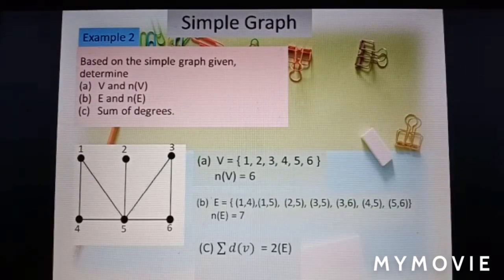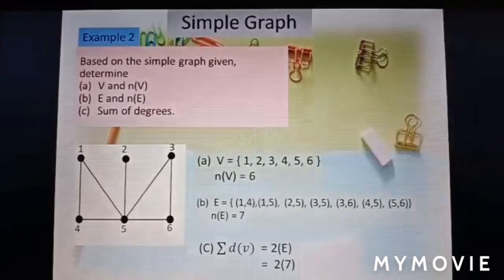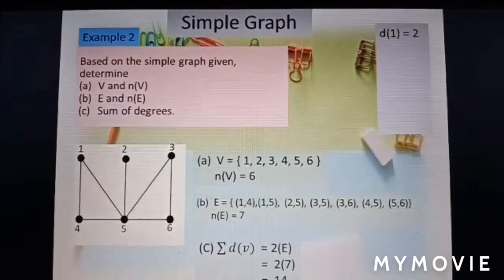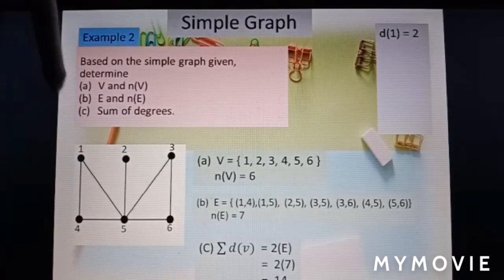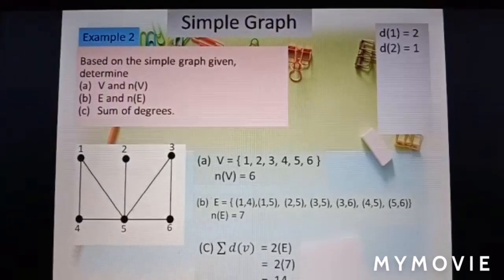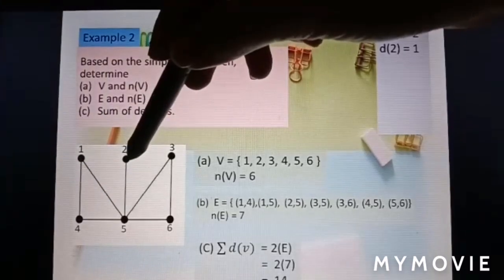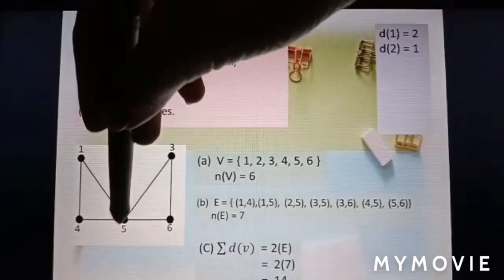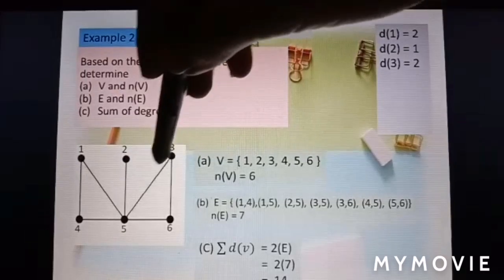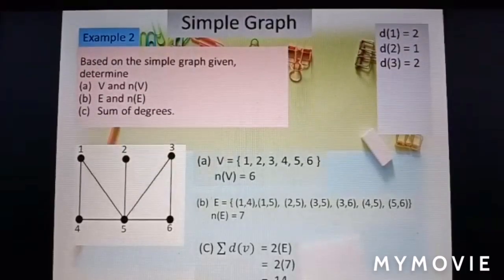Sum of degree is equal to 2 times number of edges. So 2 times 7 equal to 14. Let us see why we get 14. Degree 1 is equal to 2. Degree 2 here is equal to 1. Degree 3, we have 1, 2.